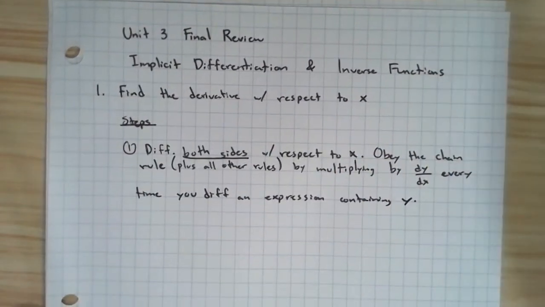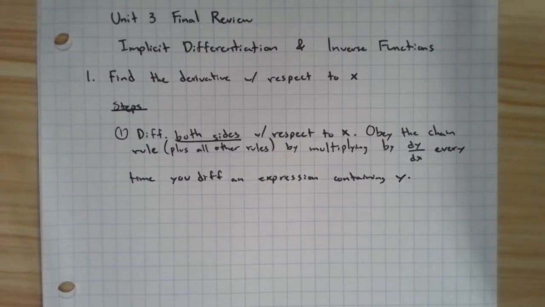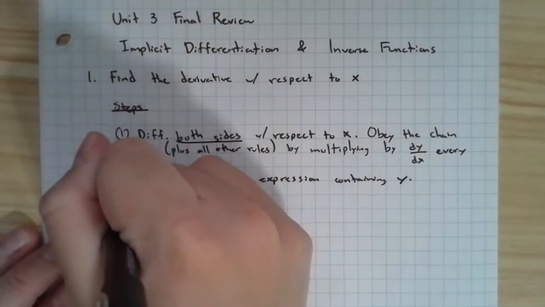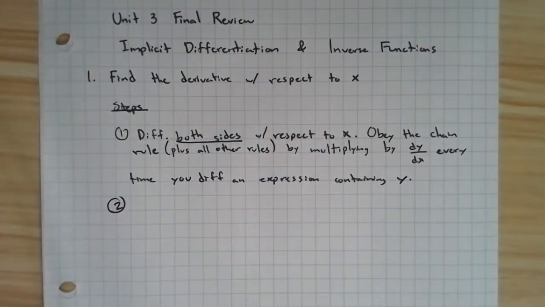If you have your differentiating rules down, this skill won't be too bad. But you need to be able to take derivatives, the chain rule, and so on. You need to have that down.